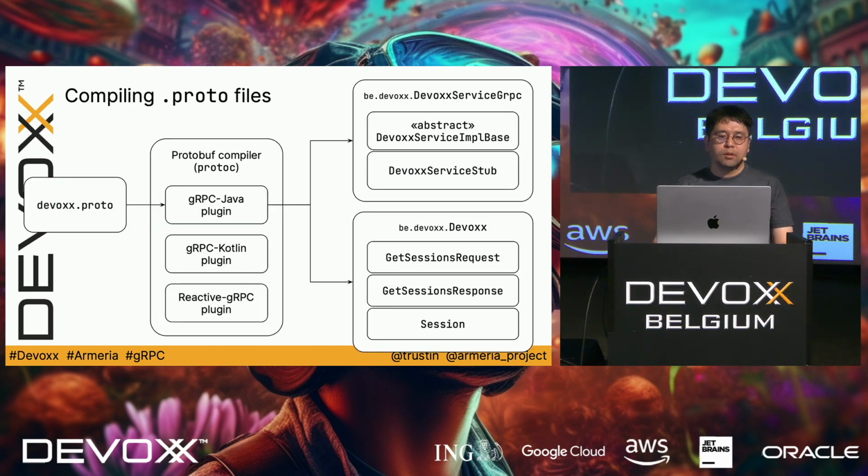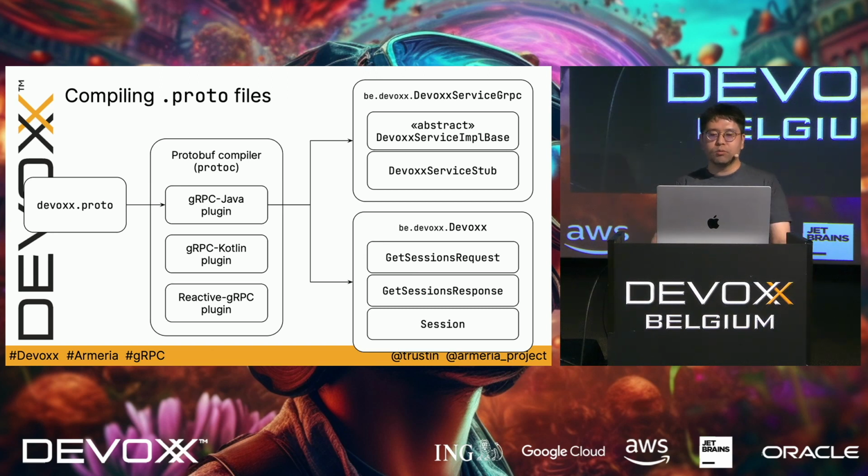So this .proto file is then compiled by the protobuf compiler for code generation. Protobuf compiler actually doesn't know how to generate gRPC related code at all, so we specify some plugin. Depending on which gRPC variant we use, we specify a different plugin. So for example, for vanilla Java, we use the official gRPC Java plugin.